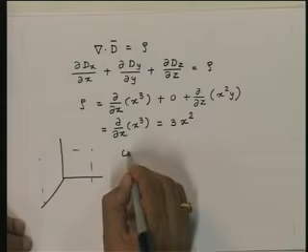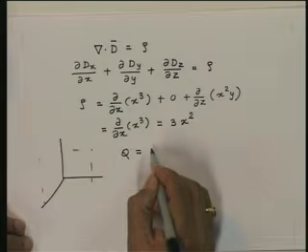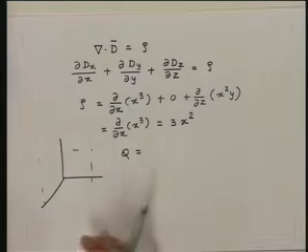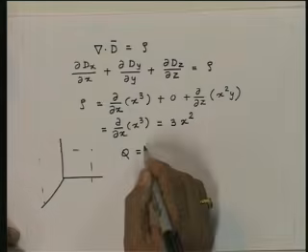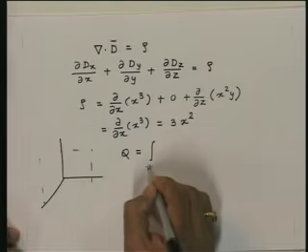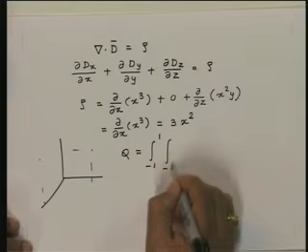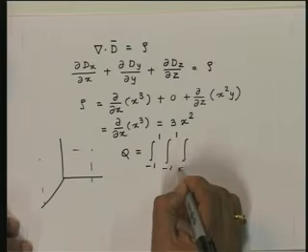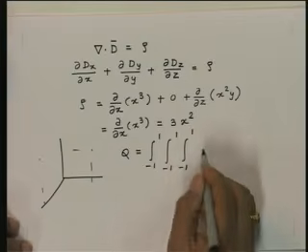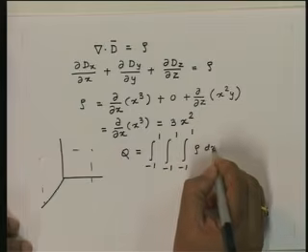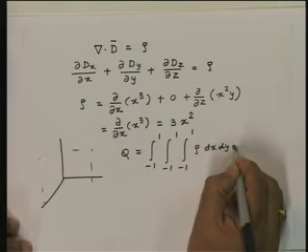So, you can get the total charge enclosed Q by integrating this charge density over the cubical volume, that will be equal to the integral from minus 1 to 1, minus 1 to 1, minus 1 to 1, of rho dx dy dz.